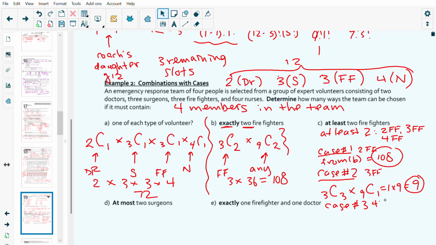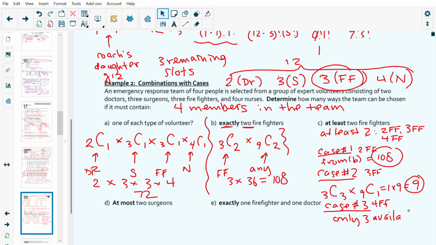And case 3, 4 firefighters. Well, how many ways are there to select 4 firefighters? Let's do the math. Can we select 4 firefighters? Well, let's take a look.